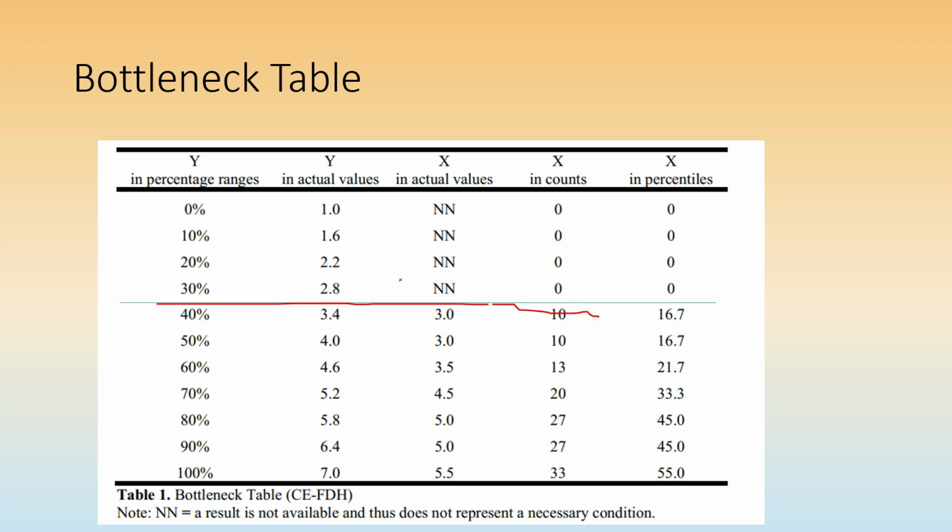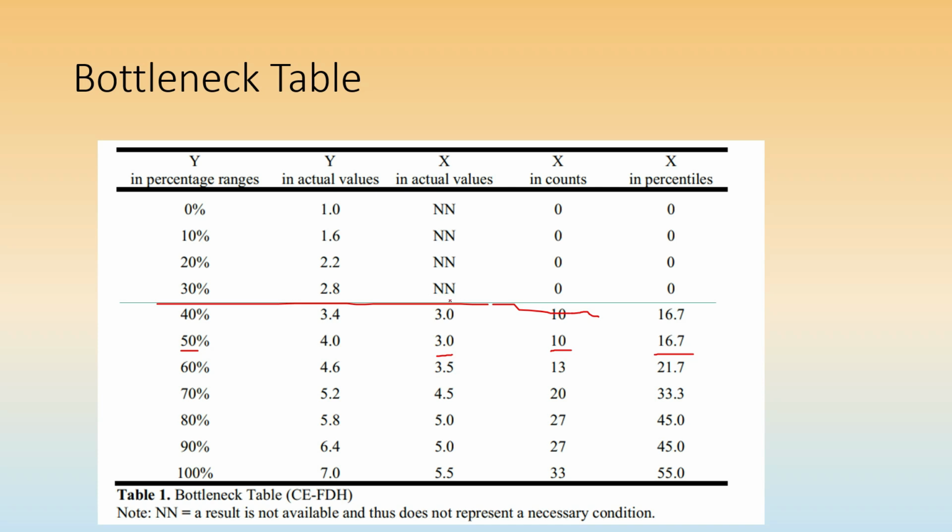If we want to achieve 50% of y, we need a level of x of 3, or in percentile terms, 16.7 percent of the values should be above this particular value, or a minimum of 10 counts of x are required to achieve this value.